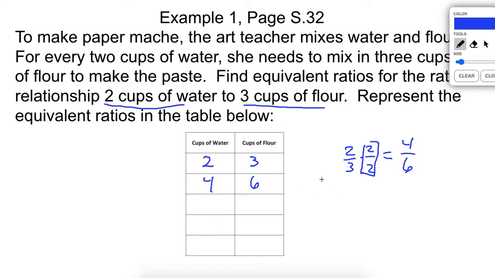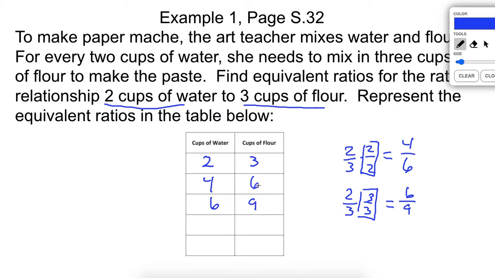Now, if we do that same thing and we take 2/3 and times it by 3 over 3, we would get 6/9. And that's another equivalent ratio, 6/9. But notice, 6/9 is just if we add 2 to 4 and 3 to 6, we would end up with 6/9.